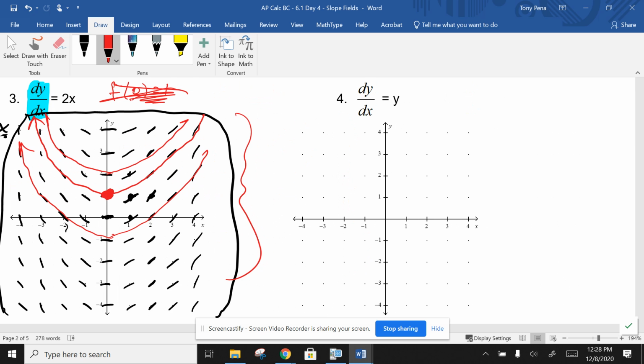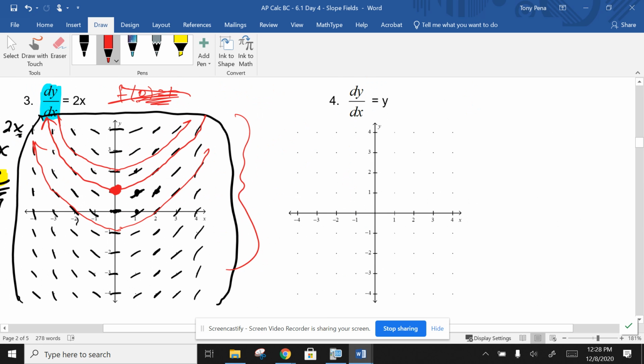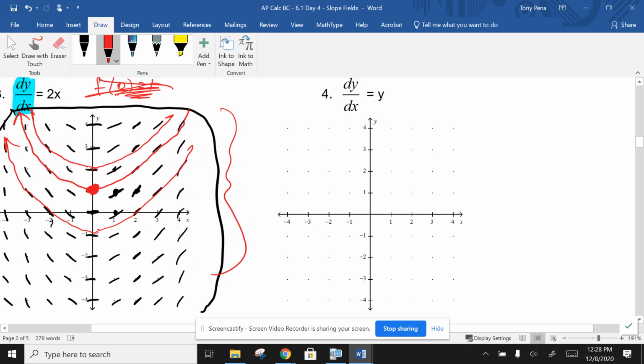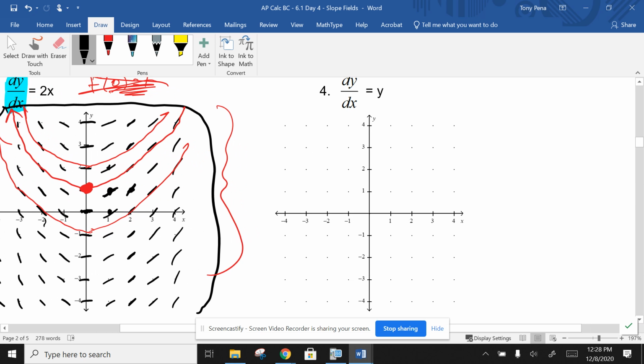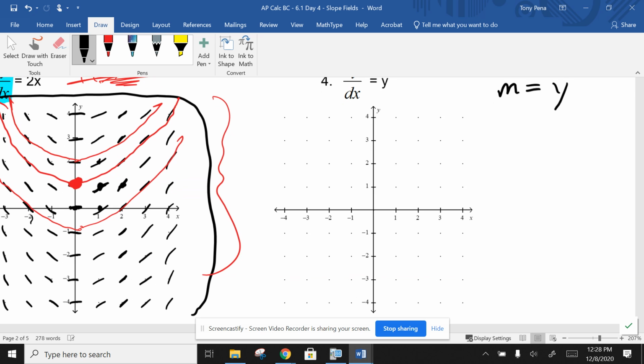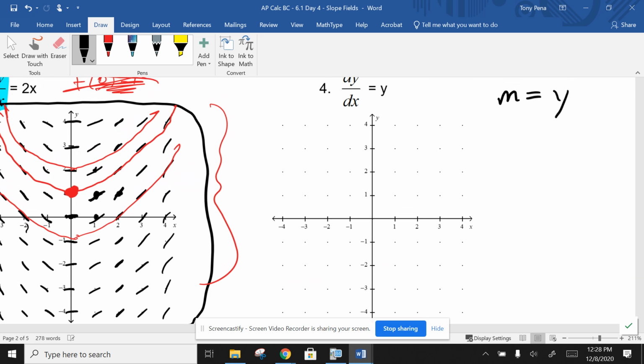All right, number 4. We're going to go number 4 next. Number 4 is also kind of the next easiest one. In fact, it doesn't get much easier, because if we understand that dy dx equals y, all that is saying is our slope is always the y coordinate of our point. Look for patterns to make this as quick as possible, because obviously you can see here this can be a little bit tedious.